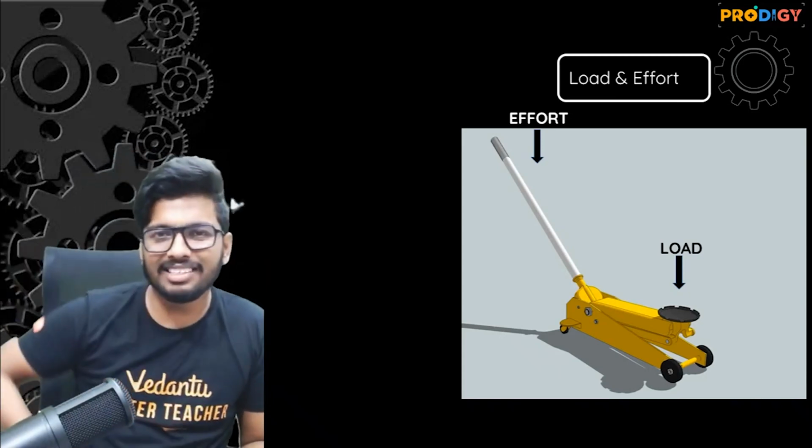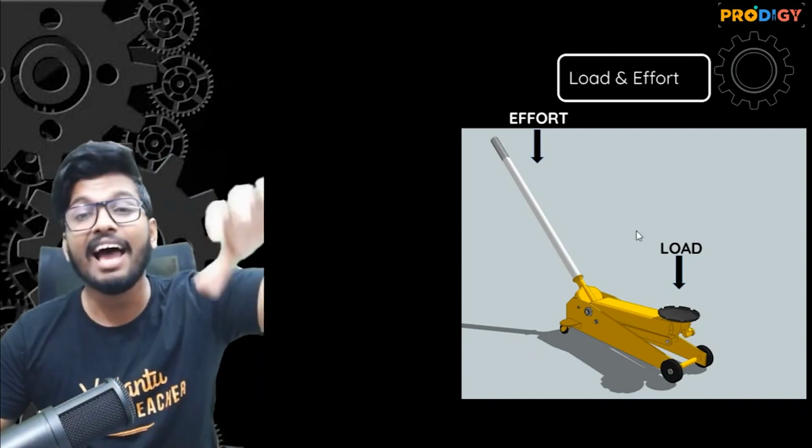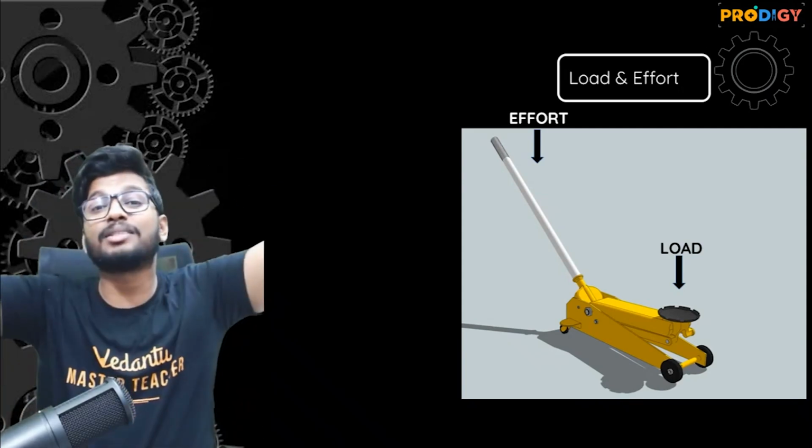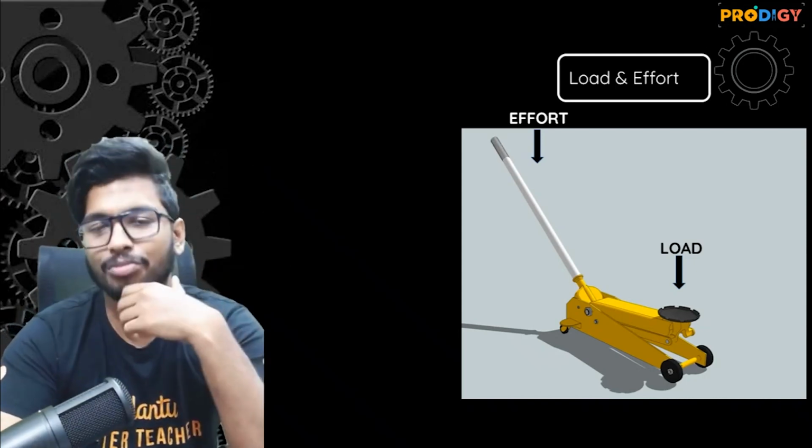As you pull this lever down, as you apply force on the effort arm, the force is being multiplied, and the amount of force that you have to put in is not as much as you would have to put in to lift it directly. So it reduces your effort, helping you lift up the car in a much easier manner.